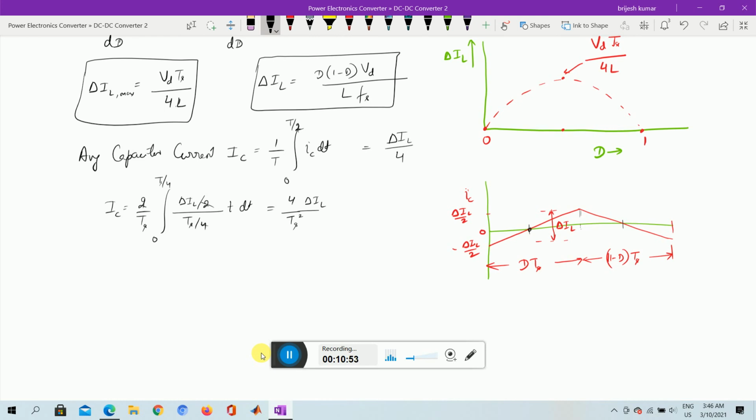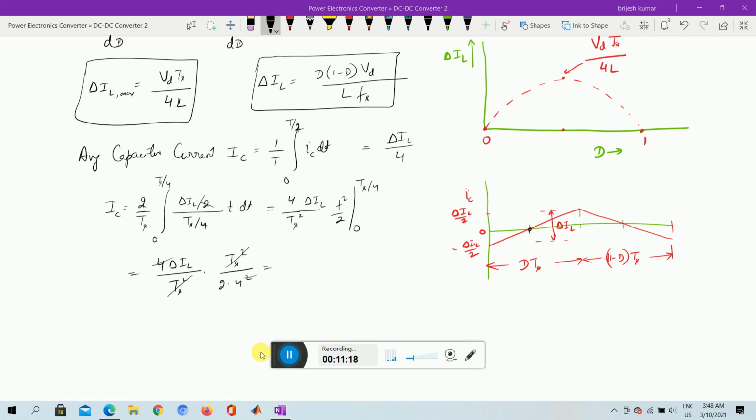This T will be T square by 2, with the limit from 0 to Ts by 4. So I can rewrite this as 4 del IL by Ts square, times Ts square by 2 into 4 square. Here we missed one point.